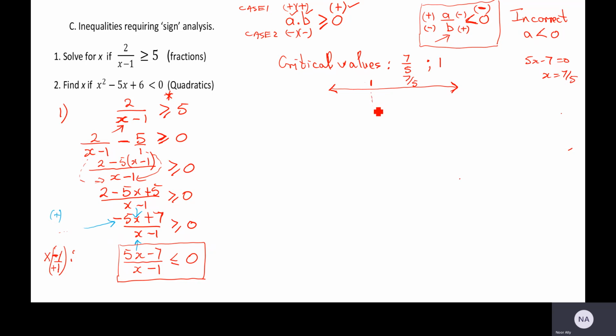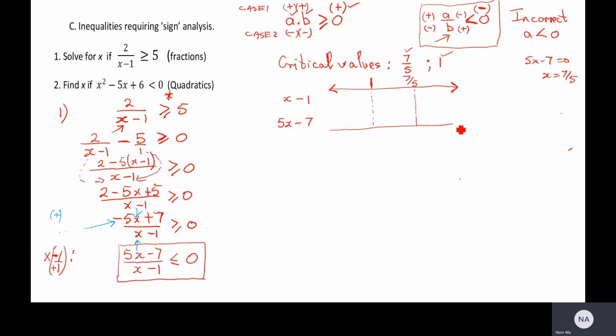I draw this down there because there are two critical values, right? The first critical value, 1, comes from the factor x minus 1, in this case in the denominator. The second critical value, 7 over 5, is obtained from the factor 5x minus 7.